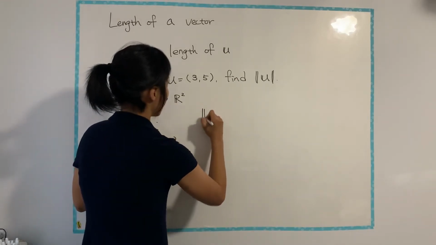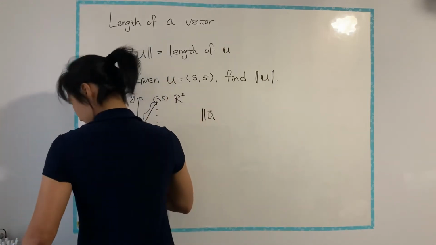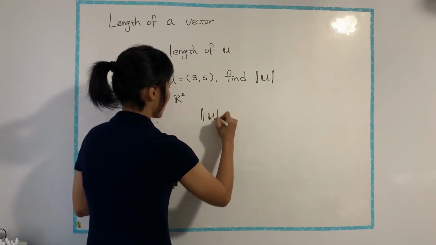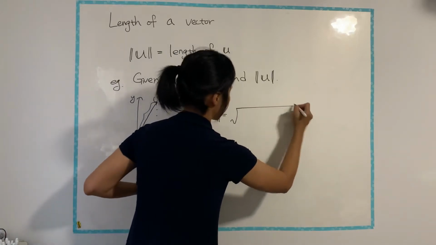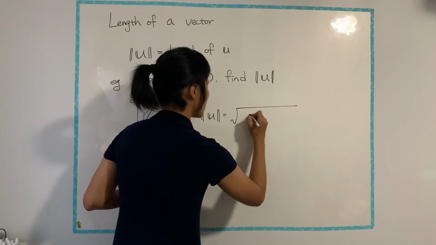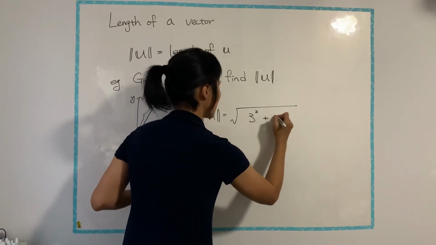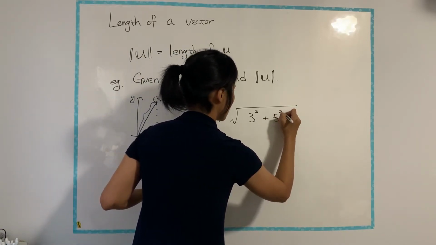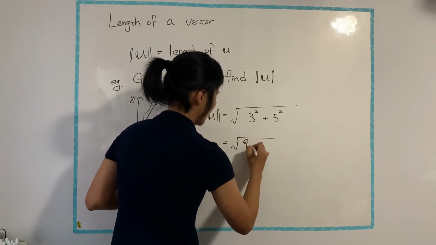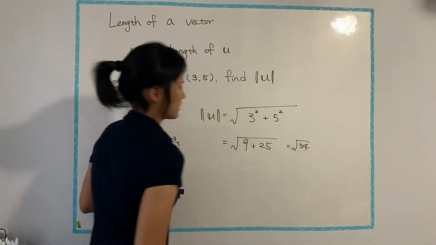So u would have length equal to the square root of the square of the x direction plus the square of the y direction. So that is the square root of 9 plus 25, which is root 34.